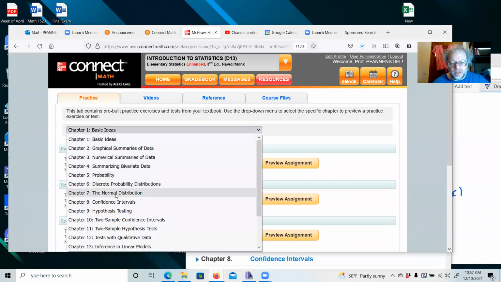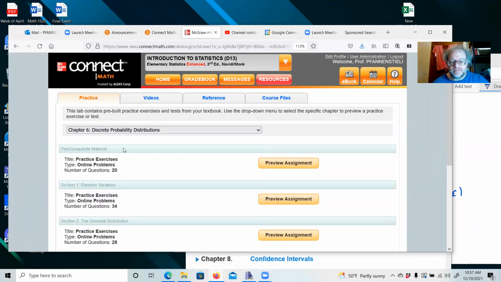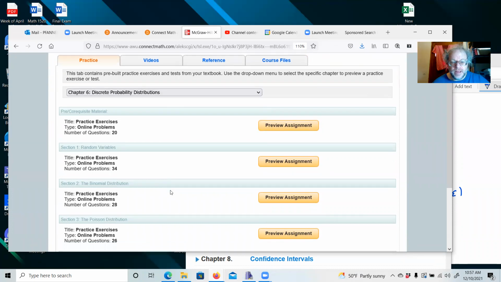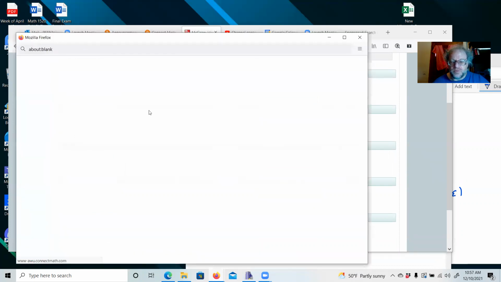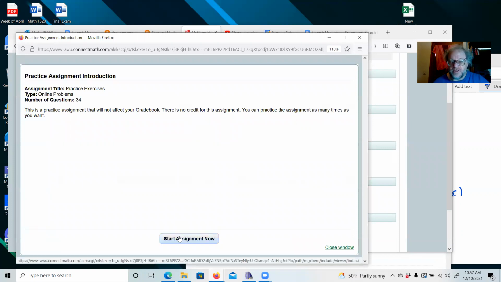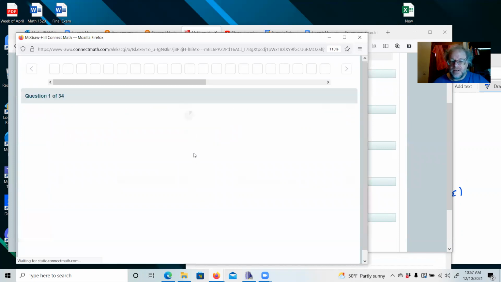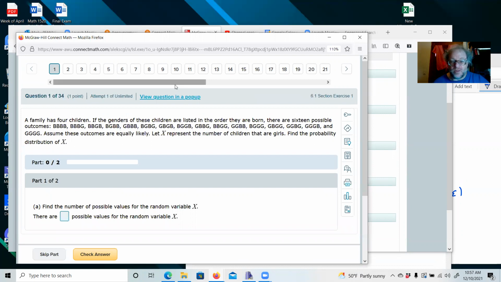So I can go to chapter 6 and random variables, that's where our values were. Let me just preview this, and it shows you pretty much all the assignments that they have listed, so way more than our homework.